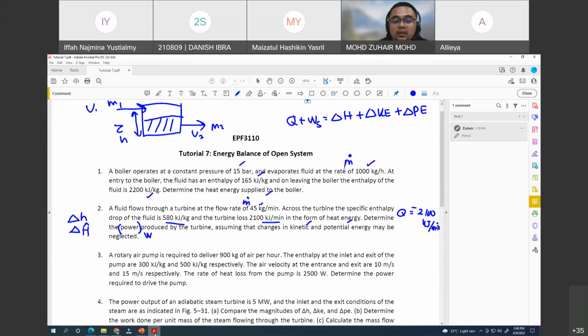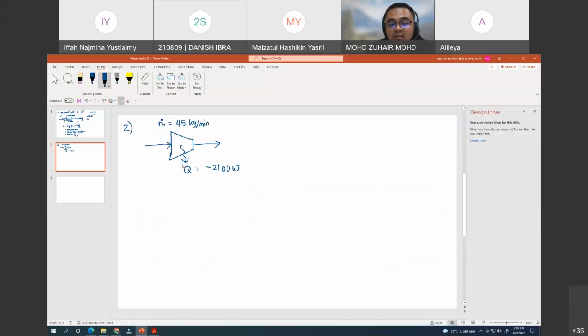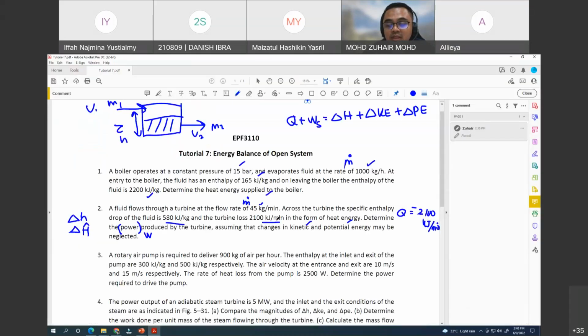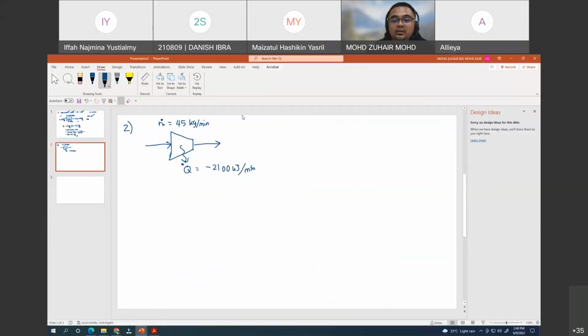Okay, and the Q is in terms of rate, ya, ada titik because it's per minute. Per minute, kan? So just be alert with all the units, okay? So what they want is W. How much is W?